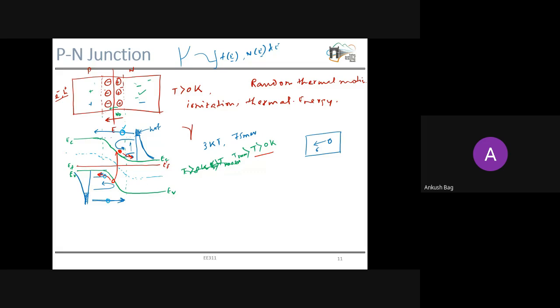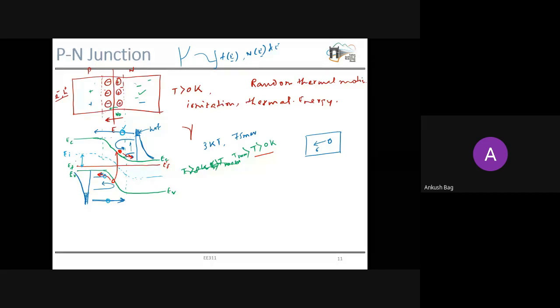So this is the EI, the intrinsic energy level. And this is the energy difference between the intrinsic level and the Fermi level in the p side, and this is the Fermi level in the n side, and it quantifies the doping level.